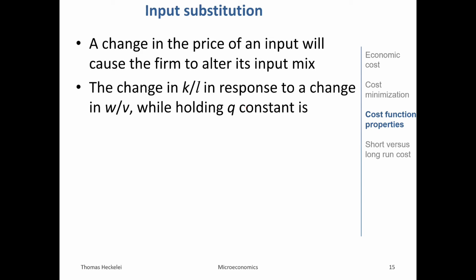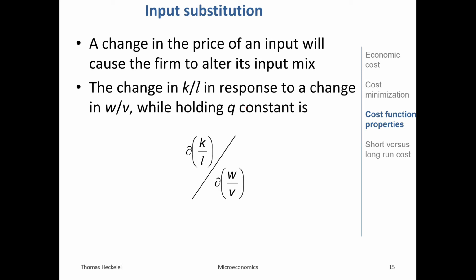It is formalized by the change in K over L, the ratio of input, in response to a change in the ratio of price, W over V, while holding the output quantity constant. And this is defined by the derivative of the input ratio with respect to the price ratio of input. Does it look familiar to you?